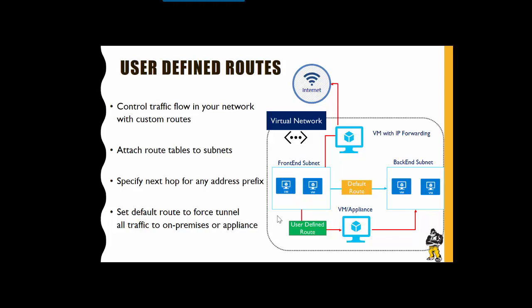Could be a jump host, could be a logging station where you really want to find out what communication happens between the front end and the back end subnet. Or in the other direction, not just allowing all outgoing traffic to the internet using the default route, but forcing communication through, for example, a proxy logging server by again using user-defined routing.